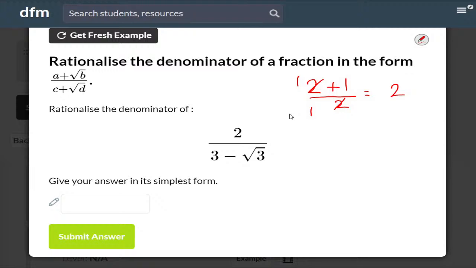Why can't I cancel out that 2? Yeah, we've got that 1 as well. What is 2 plus 1? 3 divided by 2, 1.5. It's not 2. It's because if you're dividing by 2, you've got to divide every single term by 2. 2 divided by 2 would be 1, but 1 divided by 2 is 0.5.